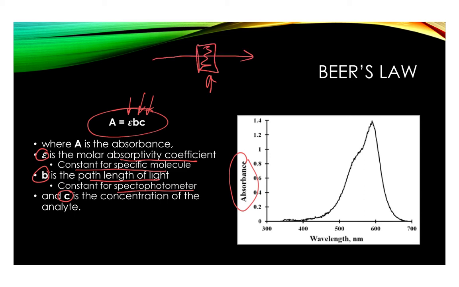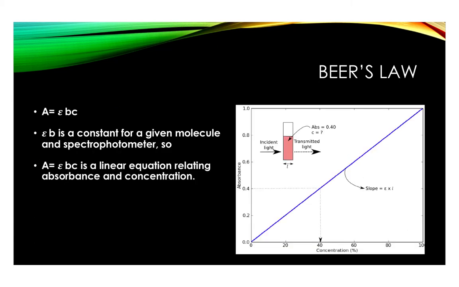All right? So you go ahead and choose a particular absorbance that is less than 1, maybe there or maybe over here, to be your analyzing wavelength. Epsilon is constant for a given molecule. B is constant for a spectrophotometer.